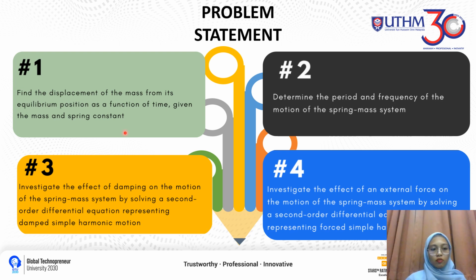To find this, we need to know the initial conditions of the system, such as the initial displacement and the velocity of the mass. And then the equation of motion for a spring system is given by m, the mass, times the second derivative of x with respect to t, plus k times x equals 0. For this, we will describe more in the application part.